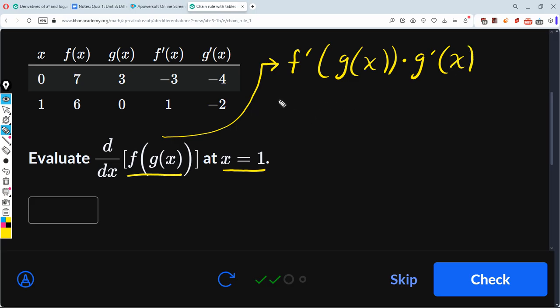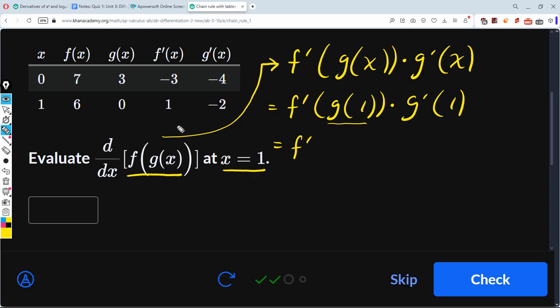That's straight from the notes. So x equals 1, so we're going to do f prime of g of 1 and g prime of 1. That's going to be f prime and g of 1. Go to the table.